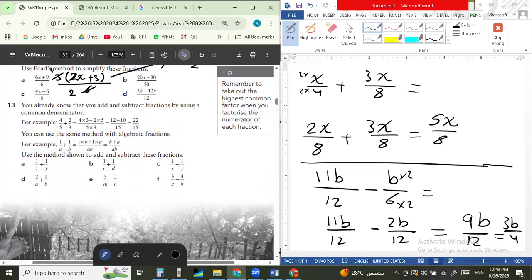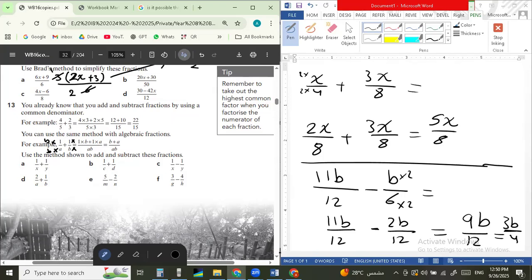Here, you already know that you add and subtract fractions by using a common denominator, like what they've done here. And they showed you even the steps. You can use the same method with algebraic fractions. For example, 1 over a plus 1 over b. They multiplied a by b, which is ab. Here they multiplied down and up by b, and here down and up by a.